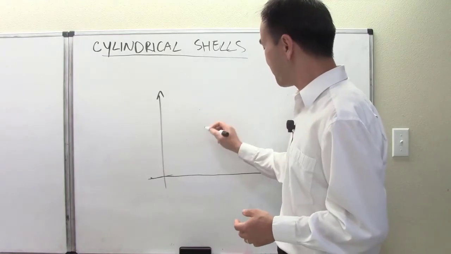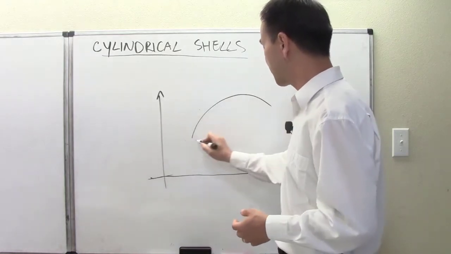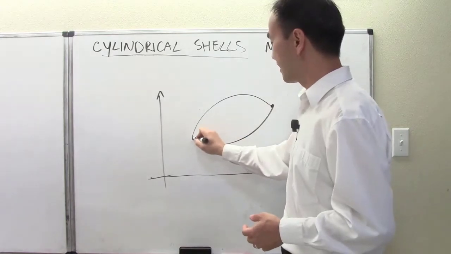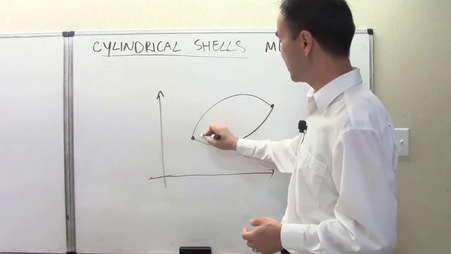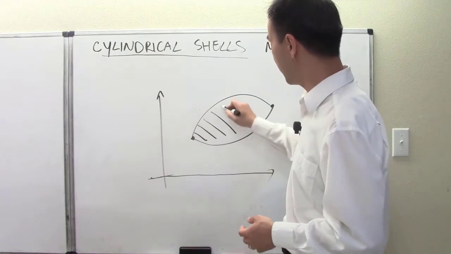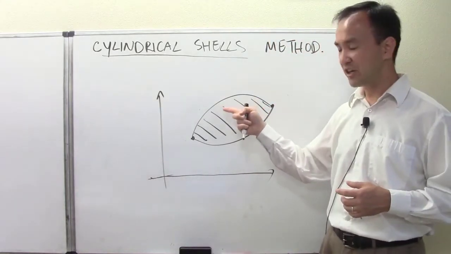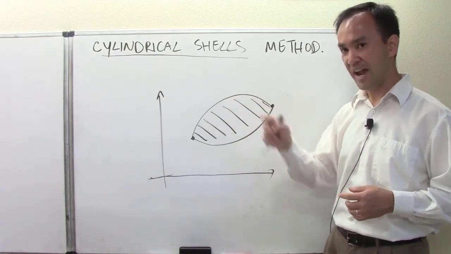How about we have a region like this? There's our region, the area of the region here, and we're going to take the region and rotate it around an axis.